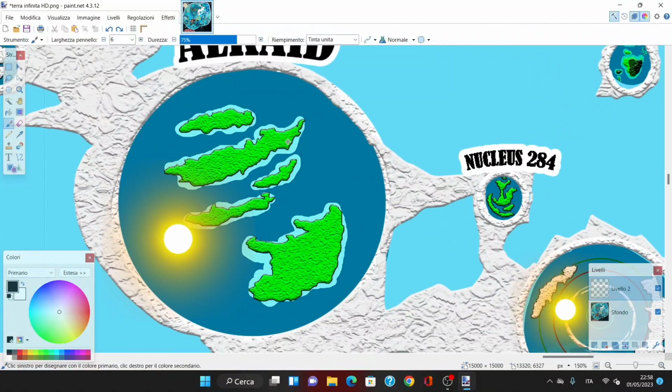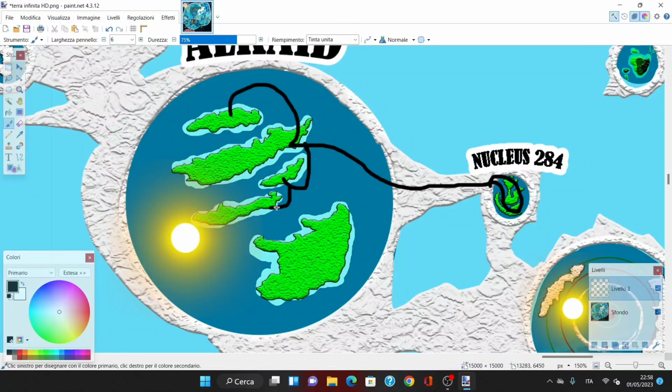If one of these continents sees that the others are doing better than them, they could start to create wars and appropriations of land, and the concept of property could exist in Alkaid too. So the risk is, if Alkadians ever reach Nucleus 284 and gain its resources, they could become the greatest power in all of Alkaid, then creating a human-like society, maybe even an imperialist society that emulates the one of Earth.